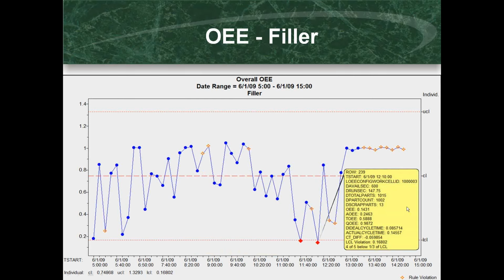The next point that we're going to explore is the second lower control limit violation. What's interesting about this one is that both the availability and the throughput are down. And once you take a closer look at the pieces of this statistical analysis, you'll notice that the quality is actually down here as well. For those of you looking at this quality calculation and thinking 98% is really great, this line typically does have a very high quality rating, and a very high OEE rating as well.